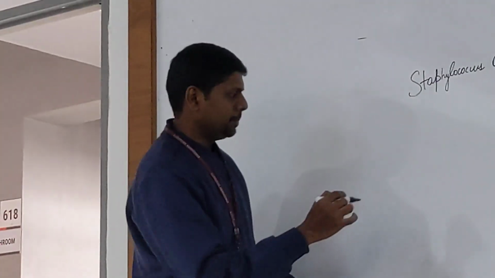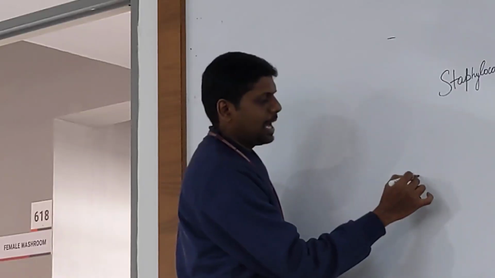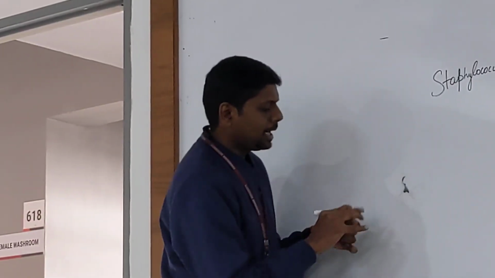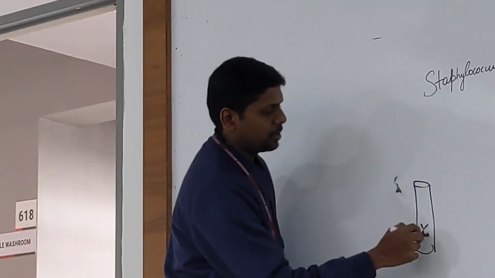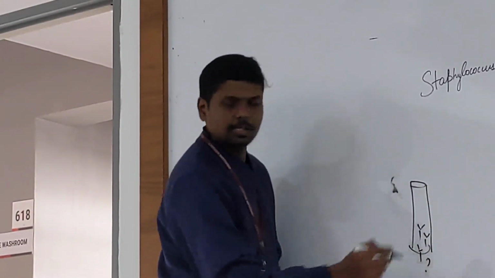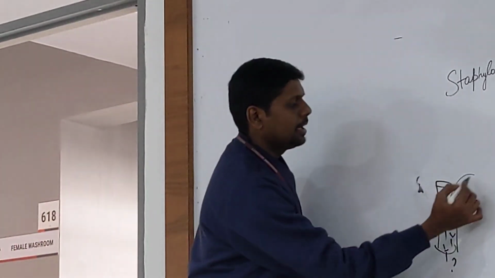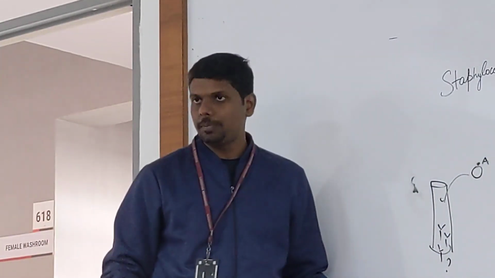For example, listen. In reverse grouping, I have taken my test tube, and this test tube has the patient's unknown antibodies. Then I have added group A cells to this test tube.